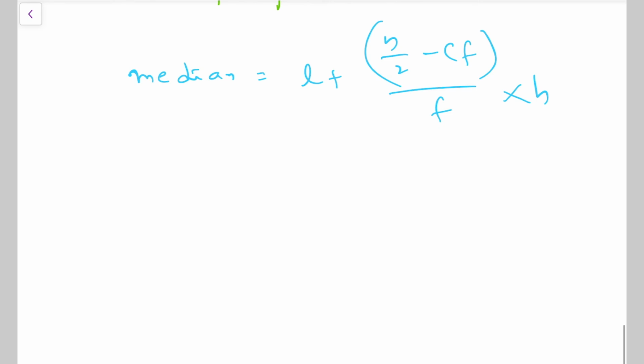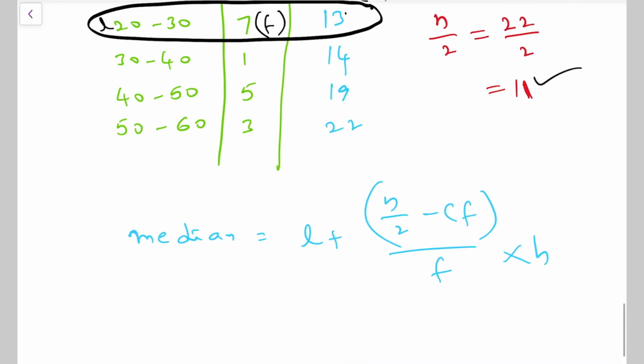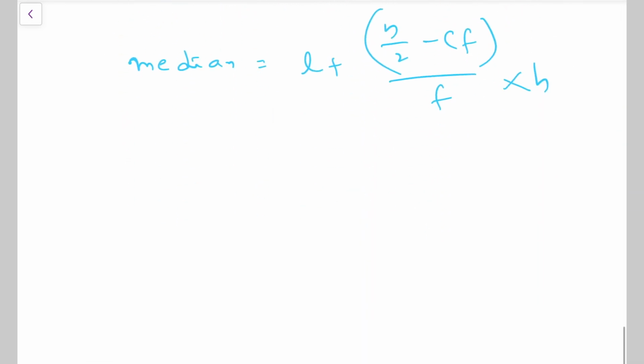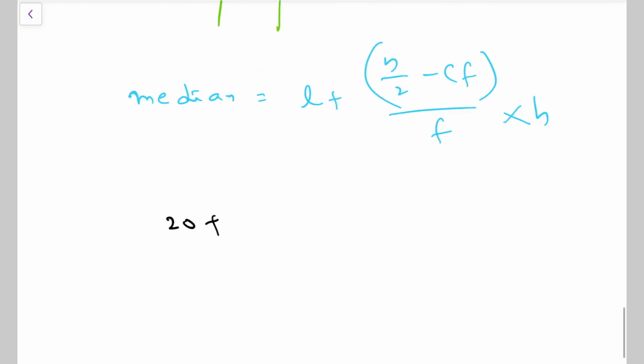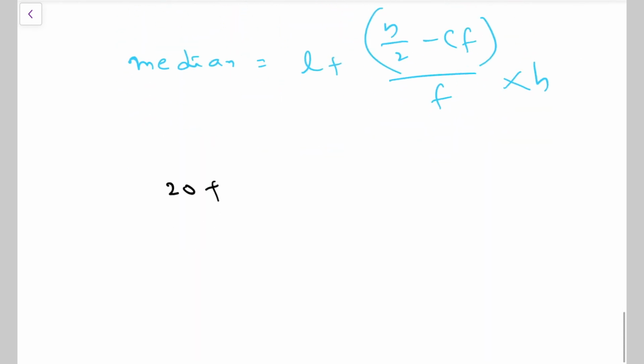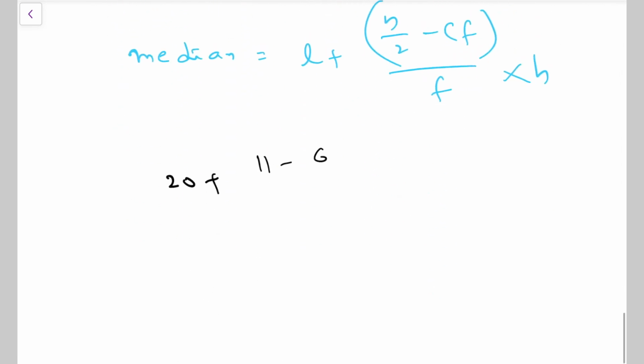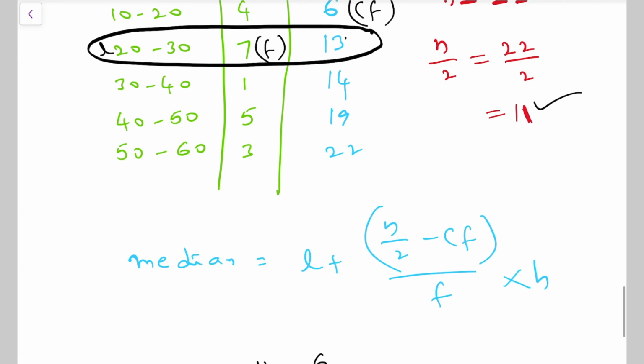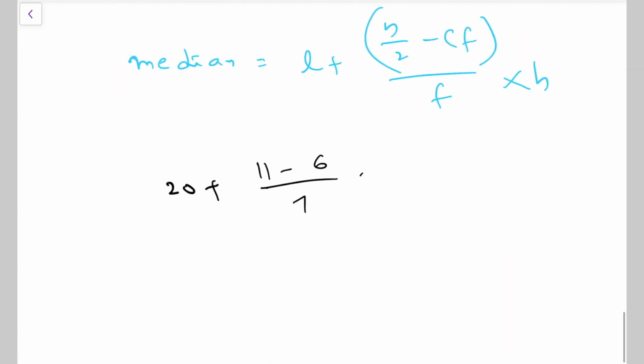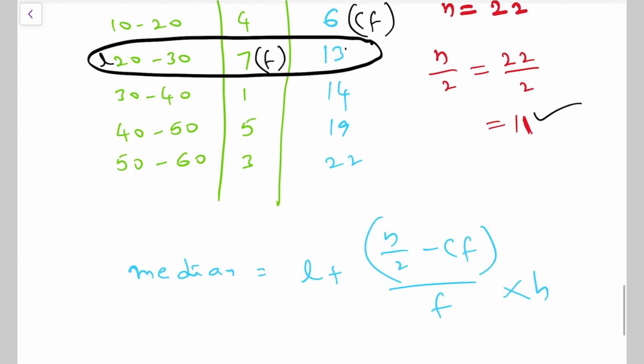Okay, let us substitute in the formula now. L value 20 plus n by 2, 11, minus cumulative frequency 6, divided by frequency 7 into h. Any class interval you pick, 60 minus 50, 10.